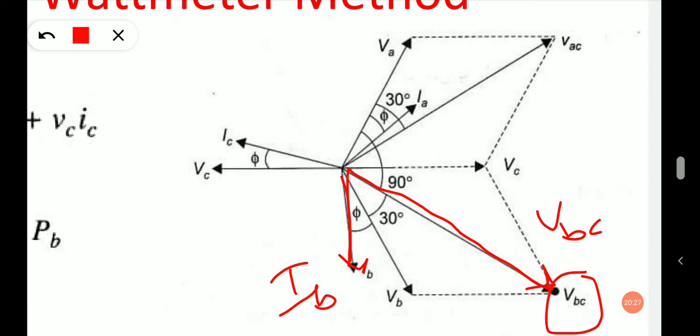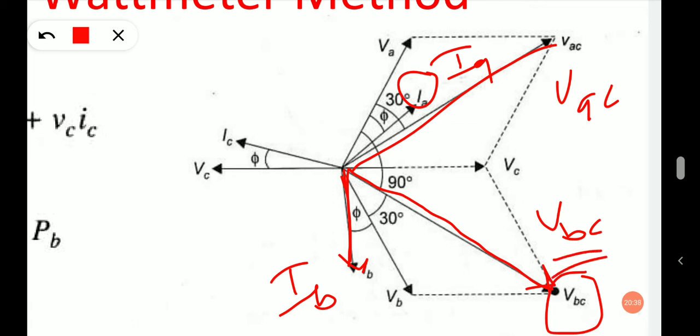In the previous case, the current IA was leading the voltage VAC. Here voltage VBC is leading current IB, and this angle is 30 and this one is phi, so the total angle will be 30 plus phi.